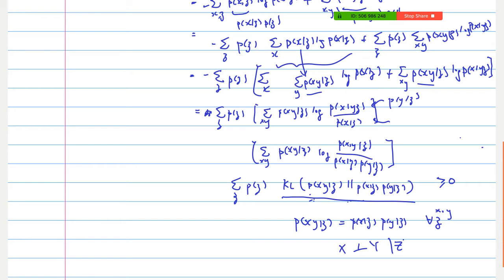Yes. So I think we mentioned that in the first class. Conditionally independent. But why? Oh, you mean this requirement?